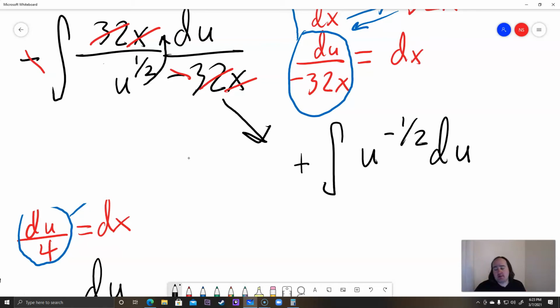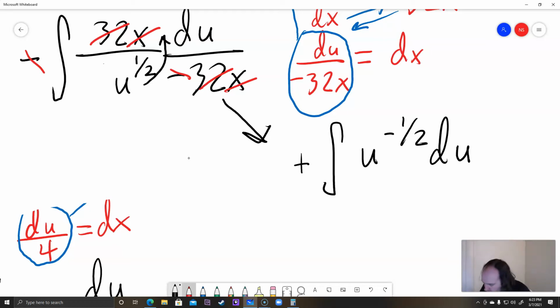Okay, so what do I do with this one? Well, now it's actually easy. Now I can just do the power rule. So remember, the power rule for integrals is the reverse of the one for derivatives. So instead of subtracting from the exponent, you add to the exponent, and instead of multiplying by the old exponent, you divide by the new exponent.